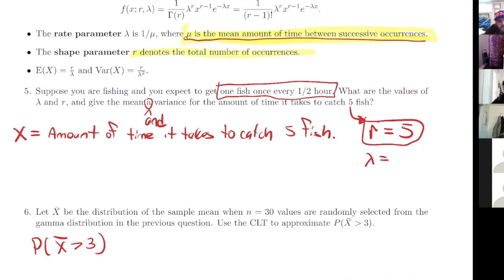What we want to identify is mu, and then from mu we can get lambda. And mu is the mean amount of time between successive occurrences. So it's not how many fish are we going to catch in an hour, for example. Oh, okay. So it's one fish every half hour? Yeah.